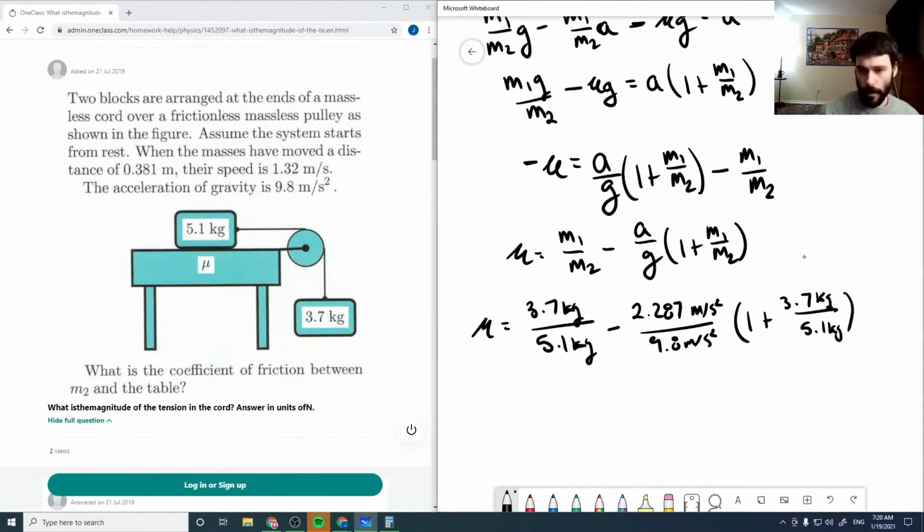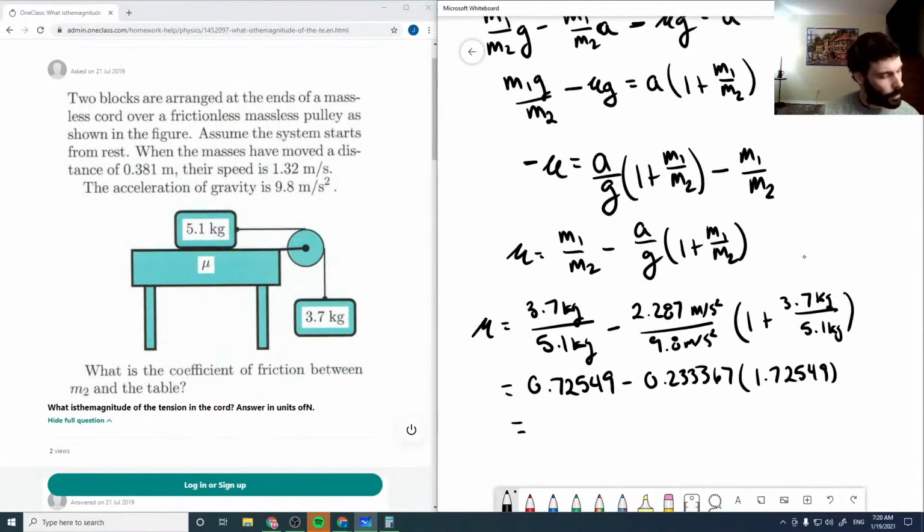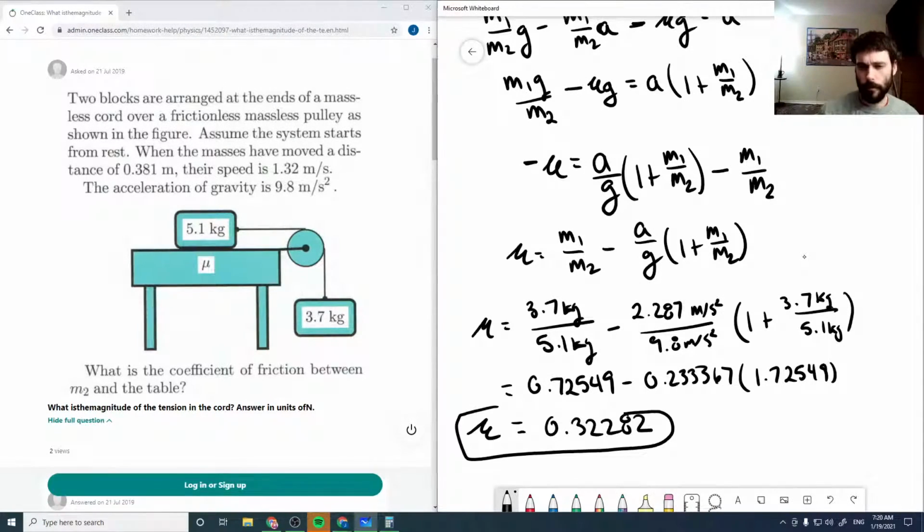Okay, and so working these values out, we get 0.72549 minus 0.367 times 1.72549. And so this all comes out to 0.32282. So then there is our coefficient of friction.